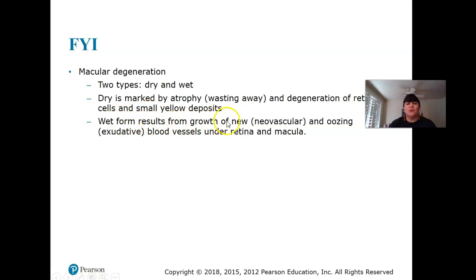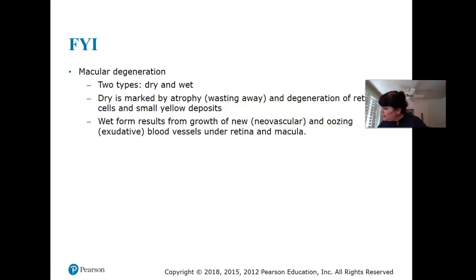The wet form results from growth of new oozing, exudative blood vessels under the retina. And what ends up happening is the retina starts to degenerate. And again, that's one of the leading causes of blindness. They talk about it in your book on page 575.